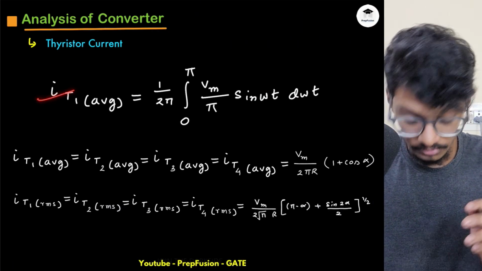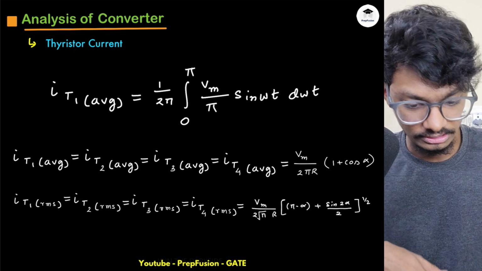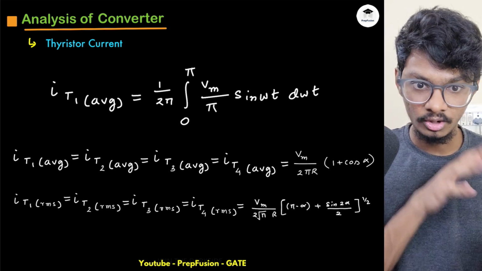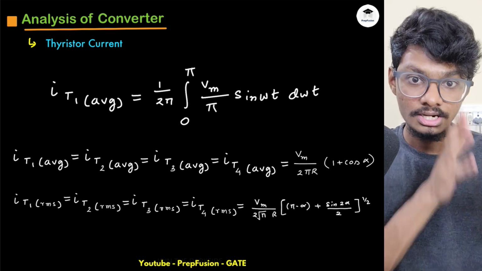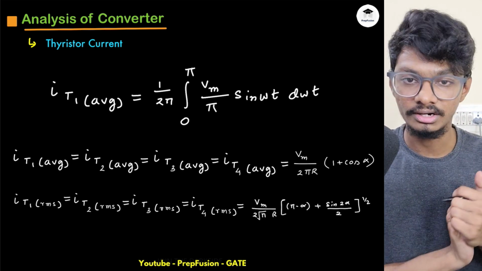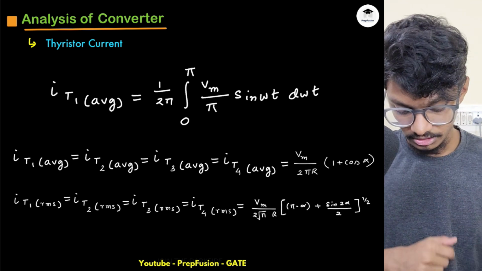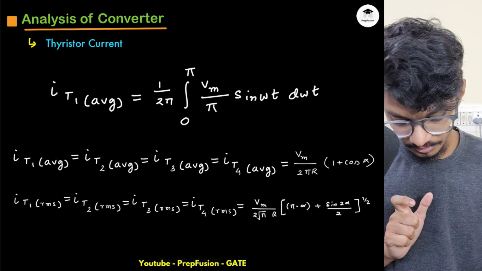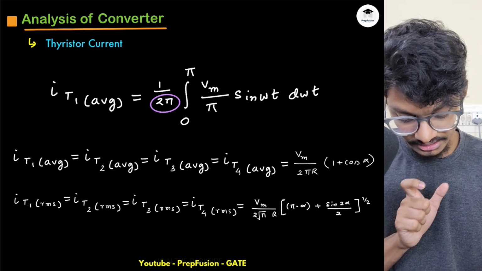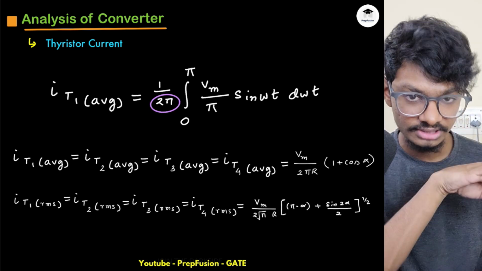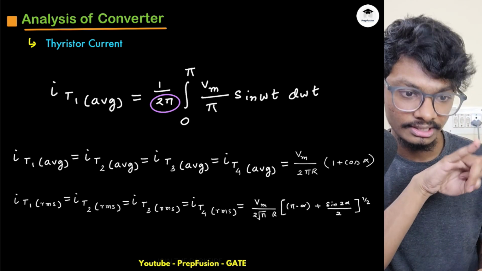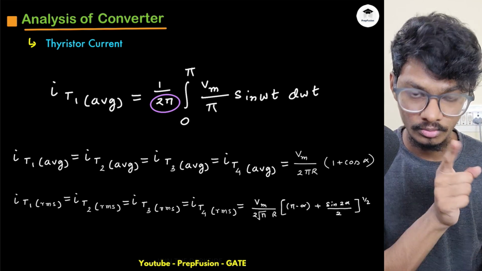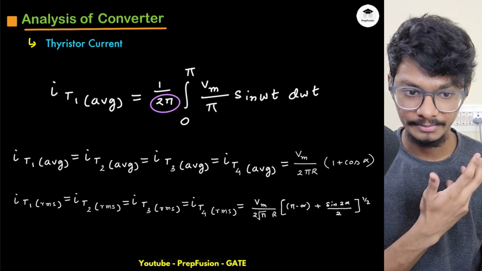And thyristor current, they will conduct, and there will be some positive value. T1 and T2 are always conducting for the first half cycle, and T3 and T4 are conducting for the next half cycle. So the time period of the thyristor current will be 2 pi. Why? Because the thyristor current repeats after every 2 pi, since there are 4 thyristors and 2 are conducting in one half cycle and the other 2 in the other.